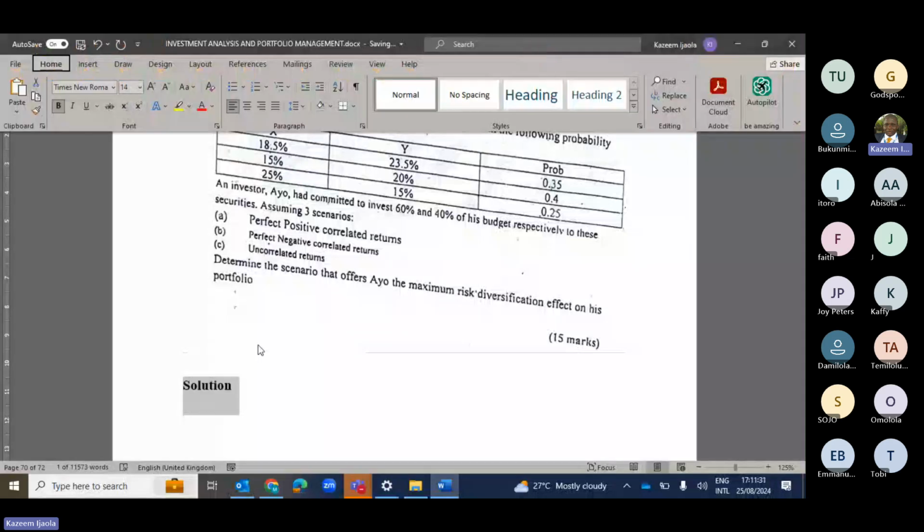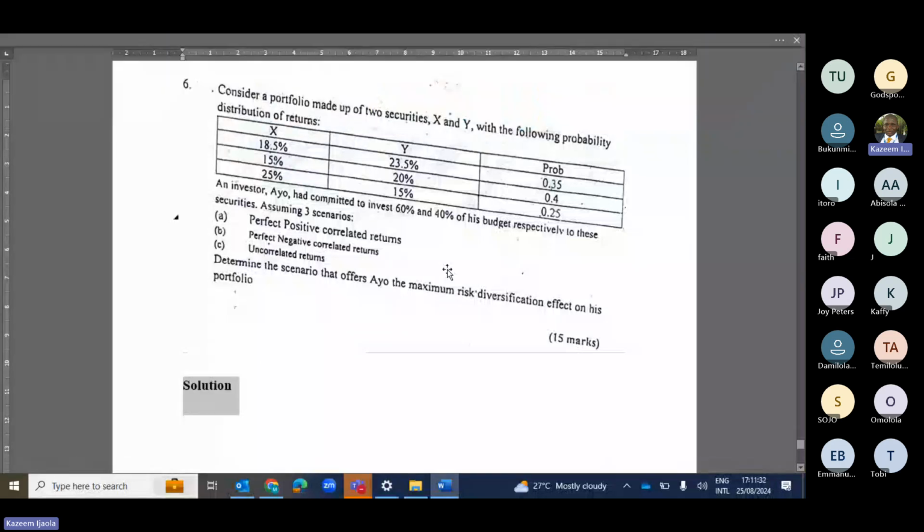All right, solution. Consider a portfolio. This is a past question, so I've forgotten the year I picked it from, but it's a full 15 marks question on investment. Consider a portfolio made up of two securities X and Y with the following probability distributions of return. X we have and Y we have, plus their probability.